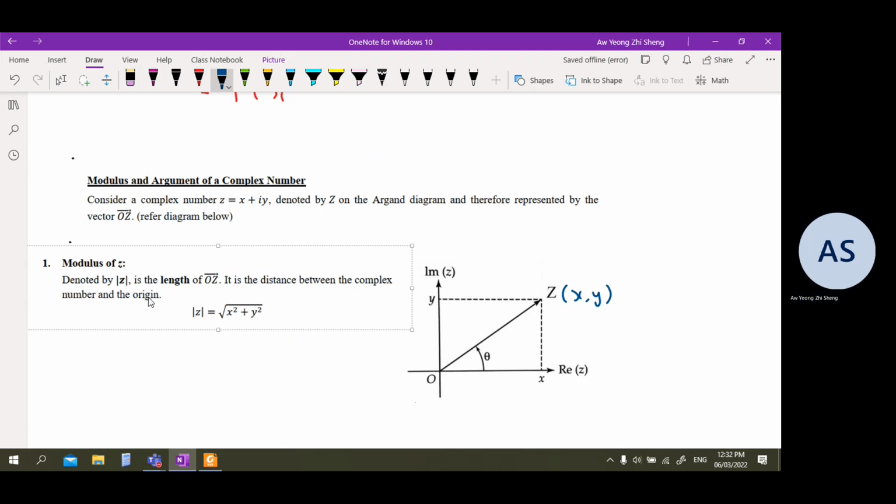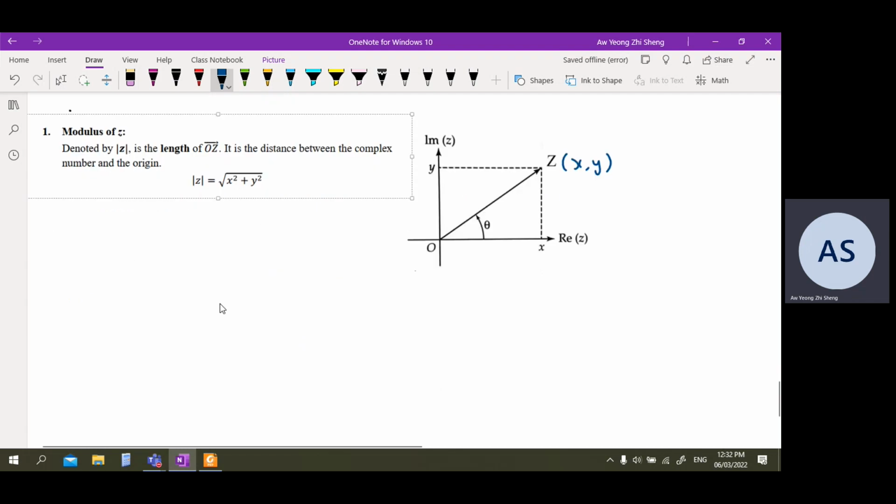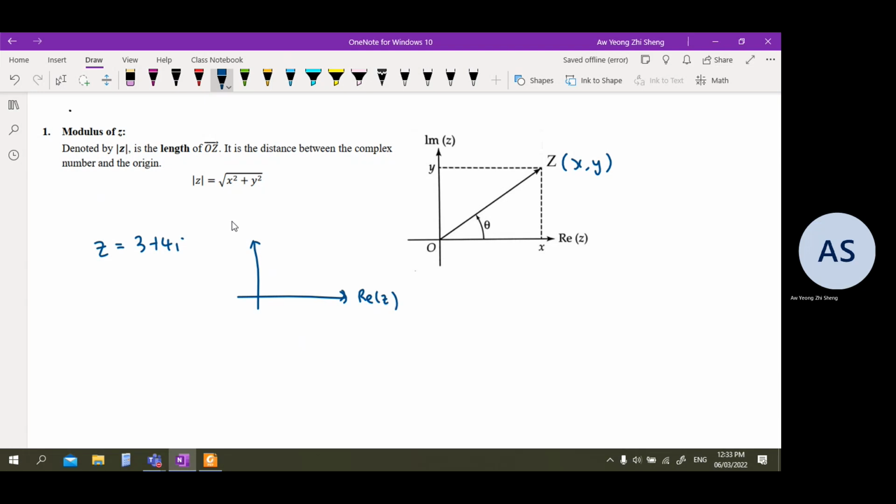To give you one numerical example, if, for example, z is 3 plus 4i, where the point representation is the point (3, 4). This is a point representation. So when they ask about the modulus of z, it is actually the length of the vector OZ.